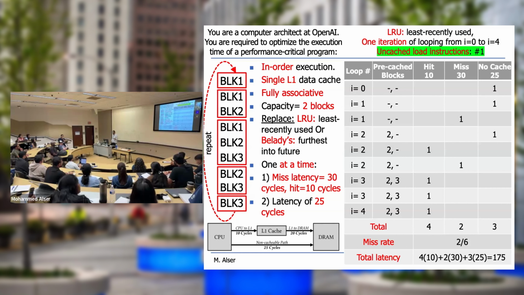That's a true assumption. So now, since we allow for a non-cacheable path, what happened to the total latency? Increase or decrease? Yeah, so this is increasing, right?